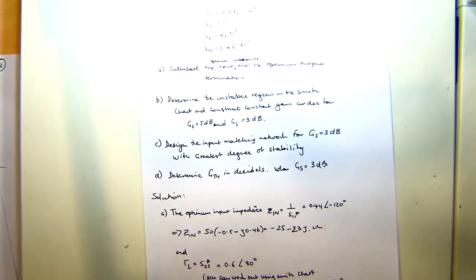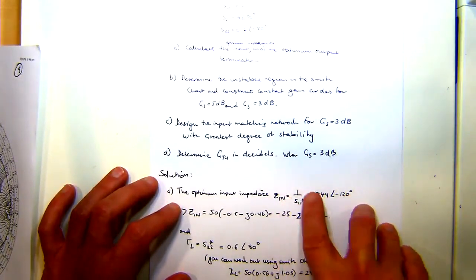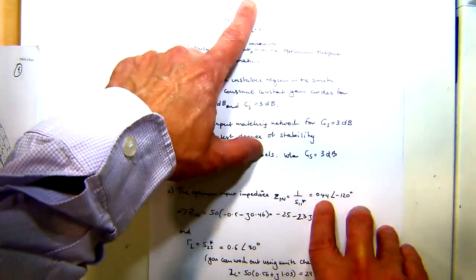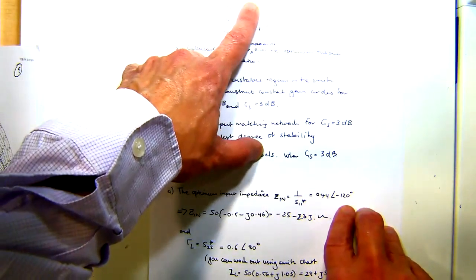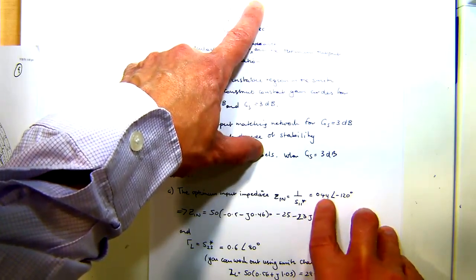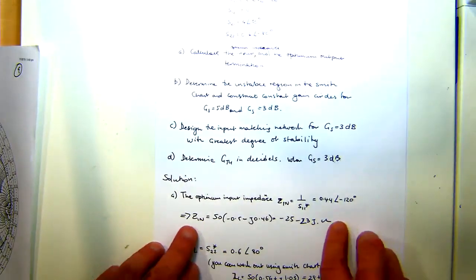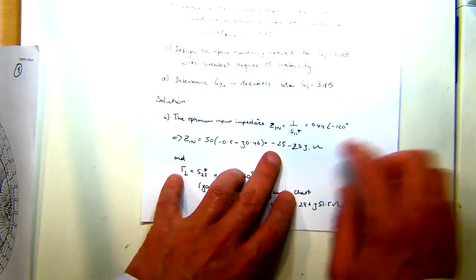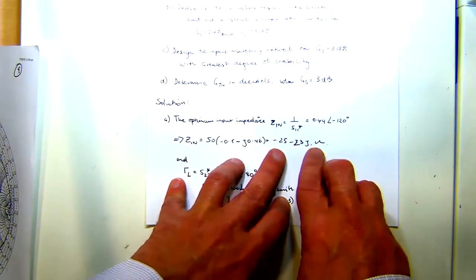All right, so let's look at the input impedance. We know that the optimal input impedance is 1 on S11. That's 2.27, 120 degrees. 1 on S11 conjugate is equal to 0.44, 120 degrees. So therefore we can work out our input impedance. And what we see here, lo and behold, our input impedance is equal to minus 25 minus 23J.